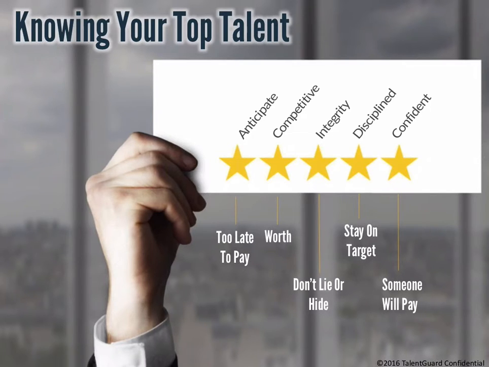Are we making our targets as a company? If you're not, be able to collaborate with your A players so that they can help get you back on target. And then once again, a confident organization attracts confident people. And if you're not confident in your people and you're not paying them well enough, they're going to find someone else who can actually give them what they want.